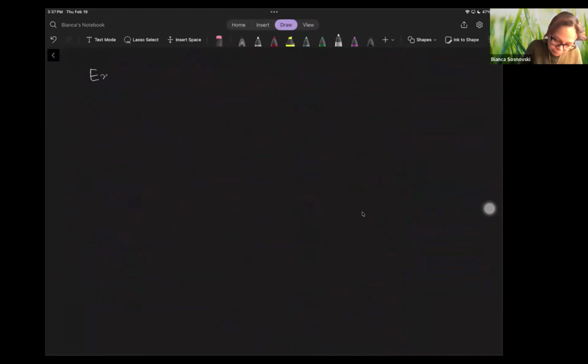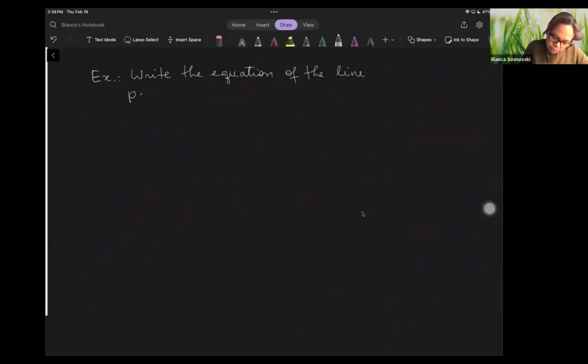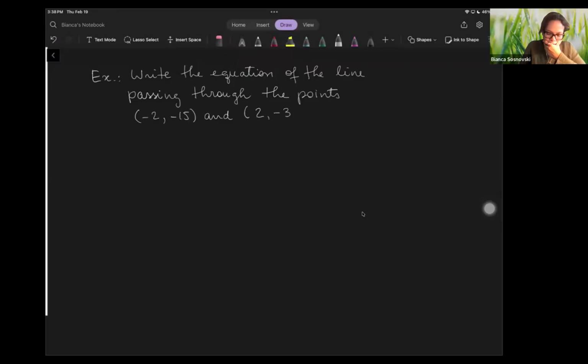Let's write the equation of the line passing through the points -2, -15, and 2, -3.